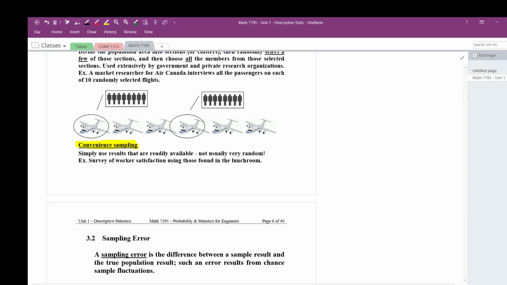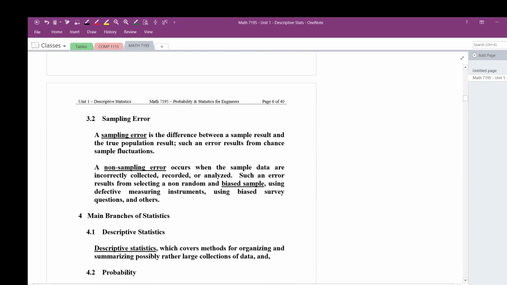When we are sampling, we have two forms of error, the sampling error and non-sampling error. Sampling error is the one that we can't really control. It's the difference between the true population value and your sample value. In our class, maybe I'm interested in the assignment 1 results.